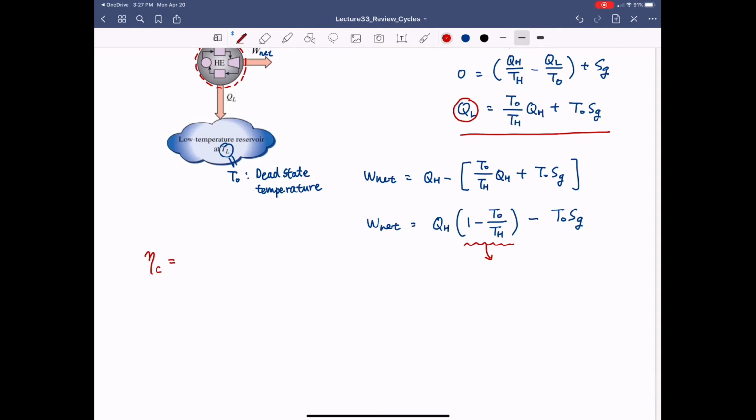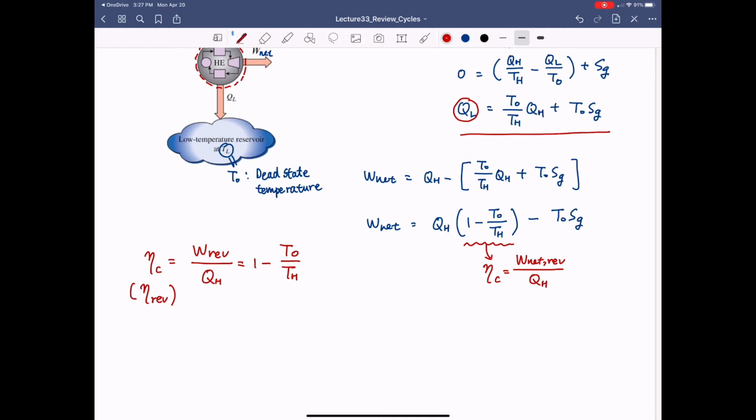Or many times I will use reversible efficiency, which is defined as reversible net work divided by heat input, that can be derived in terms of 1 minus T naught over TH. So that is your Carnot cycle, which is W net reversible divided by QH.